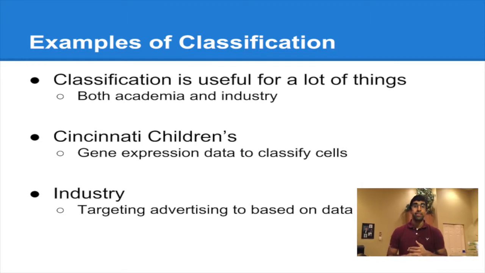Another way classification could be used is in industry, outside of research. For example, companies could look at a history of what the user buys or a history of sites the user navigated to in order to deliver better advertisements. This already happens online.